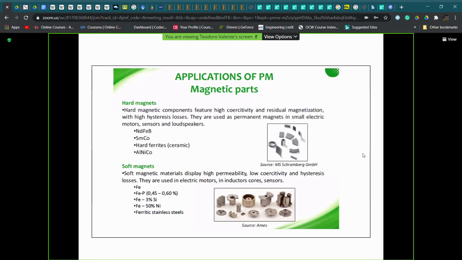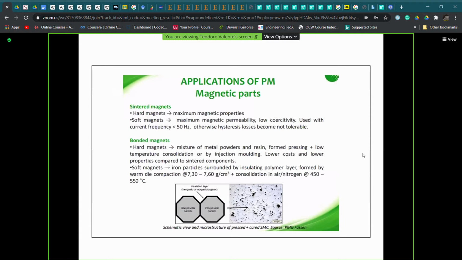And these are used essentially in electric motors or inductor cores or sensors, and are essentially made by iron base, sometimes modified with silicon, nickel, phosphorus, but iron-based materials. Also, these small parts are widely fabricated by using powder metallurgy techniques.